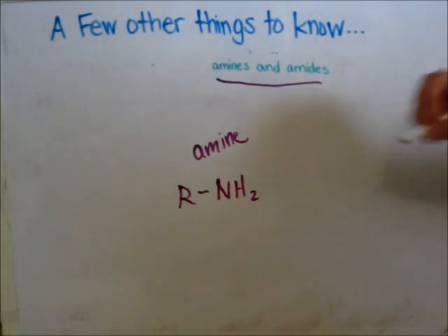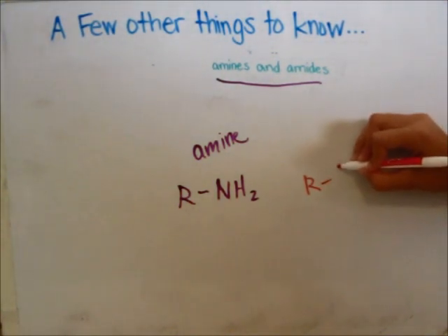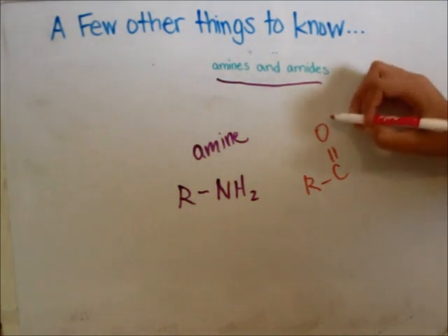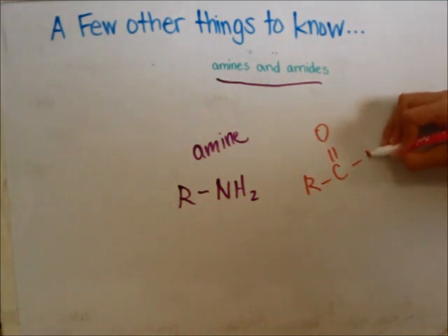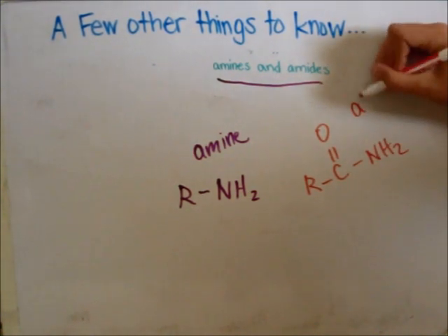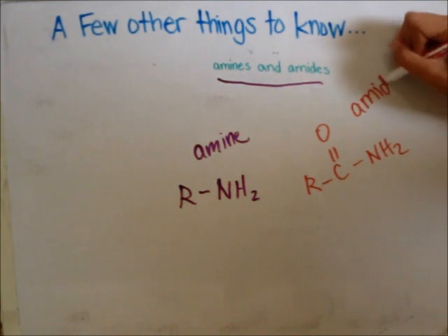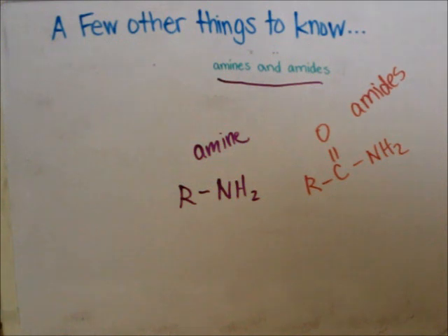And an amide is, you have your whatever chain and then C double bonded to an O, and remember that's called a carboxyl group, attached to an NH2. So just like an amine, the amides also have a double bonded O. Okay, so those are just the other things that I wanted to touch up on. And let's continue.